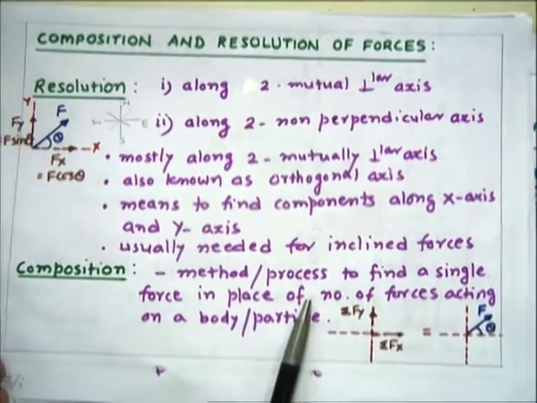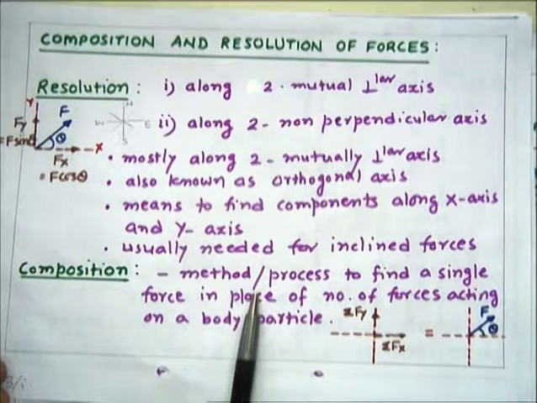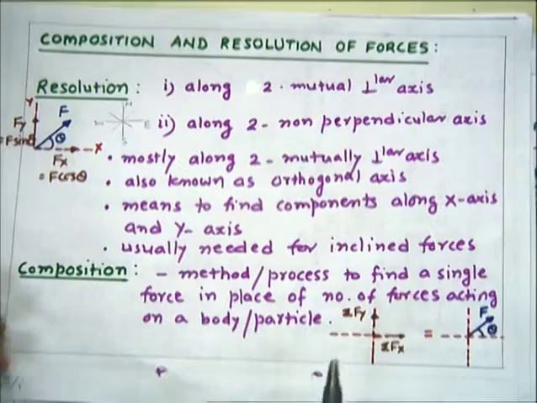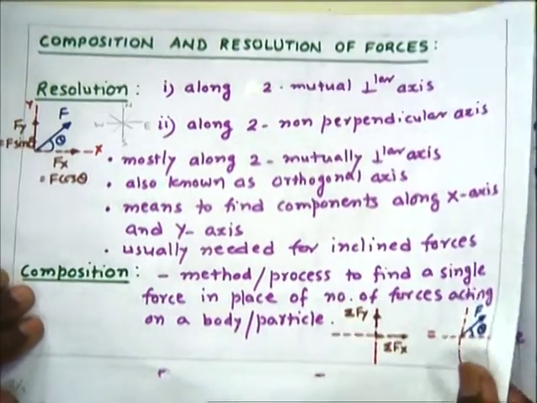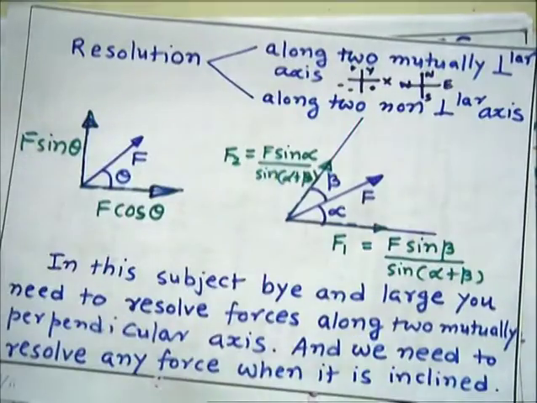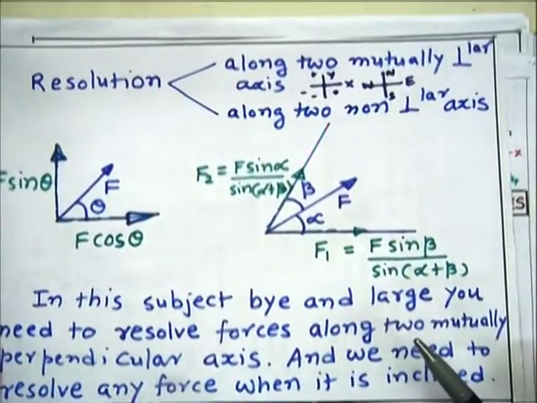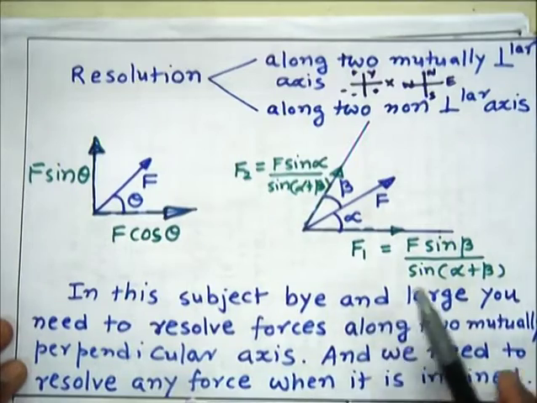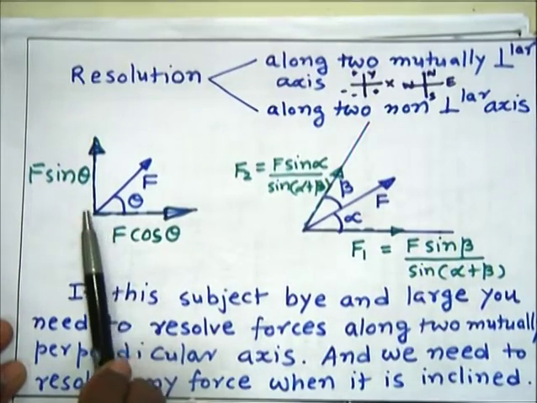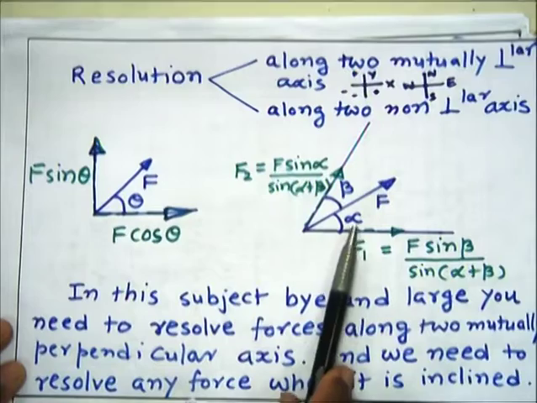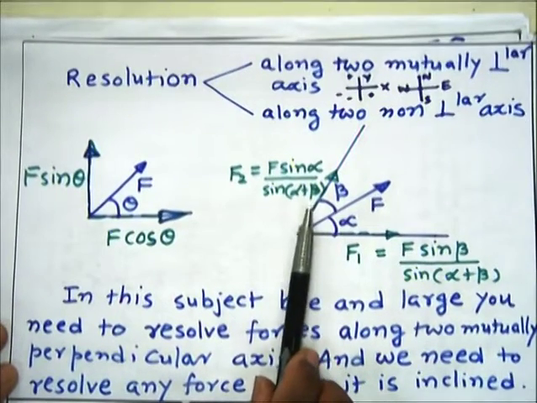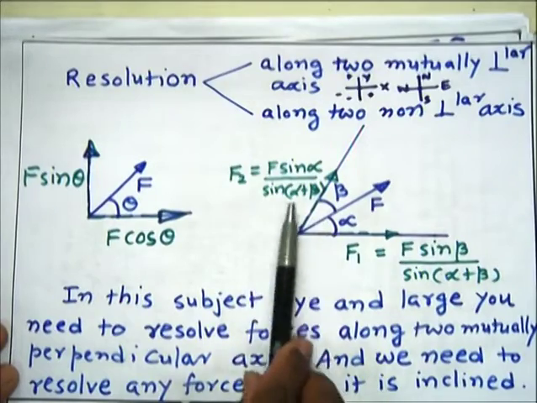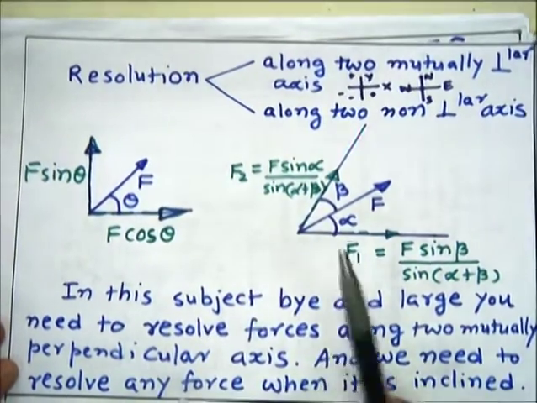So this process of finding a single force in place of a number of forces acting on a body or particle is known as composition. Resolution of force we discussed already. That is nothing but, along perpendicular axes, F cos theta and F sin theta, and along non-perpendicular axes, the F1 and F2 components, which can be given by the formula that we discussed.